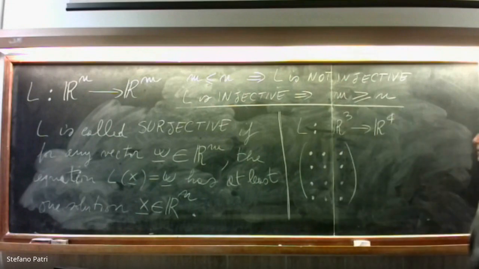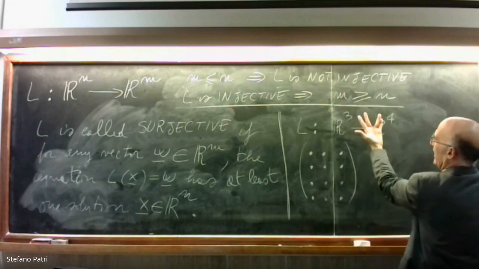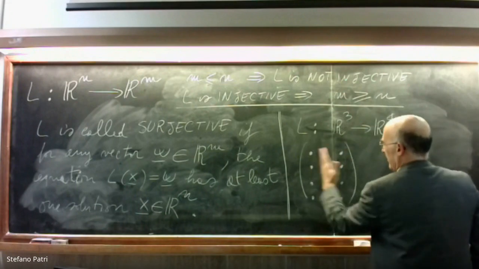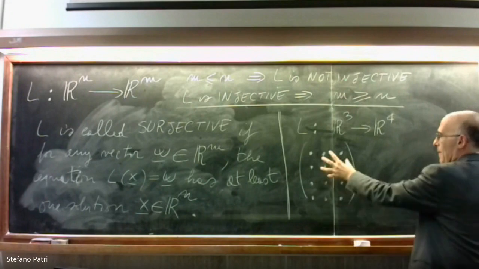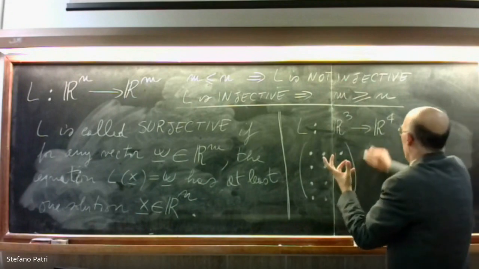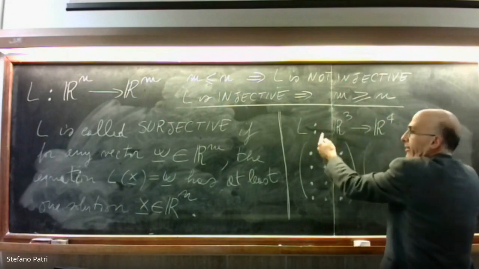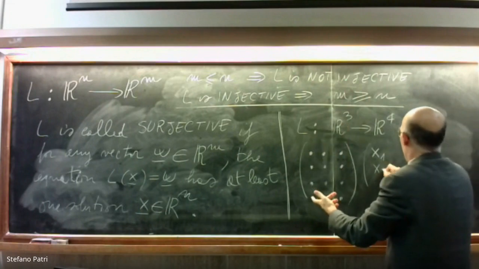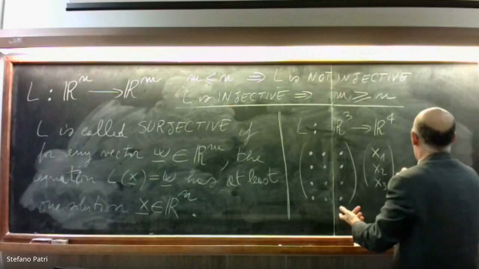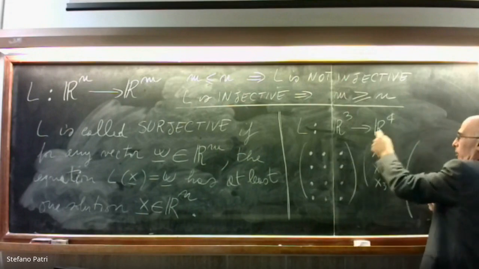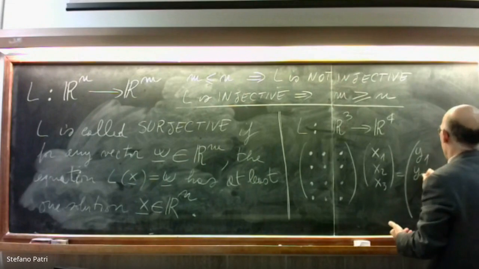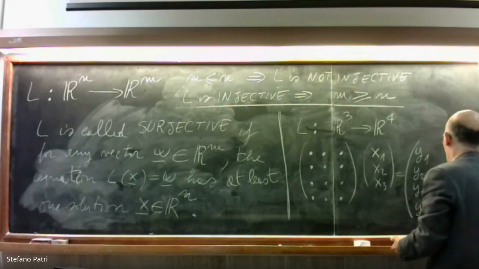This is the matrix, 4 times 3. This matrix acts on vectors belonging to R3, that is x1, x2, x3, equal to a vector belonging to R4, y1, y2, y3, y4.